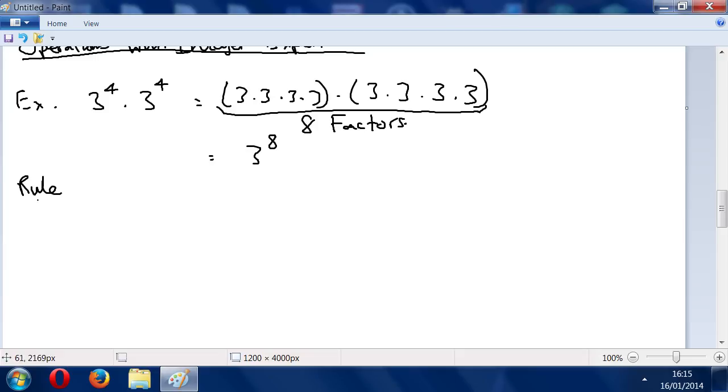So let's write the rule. And that rule is a to the m times a to the n equals a to the m plus n. And that's the same base.